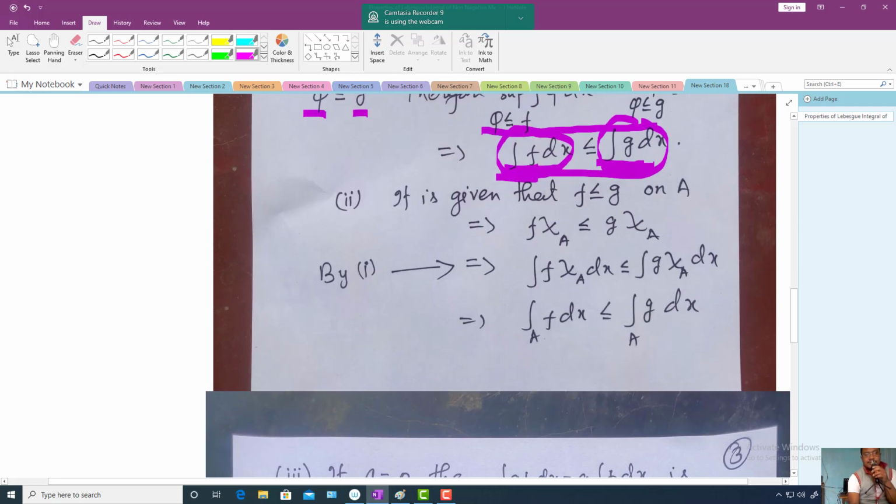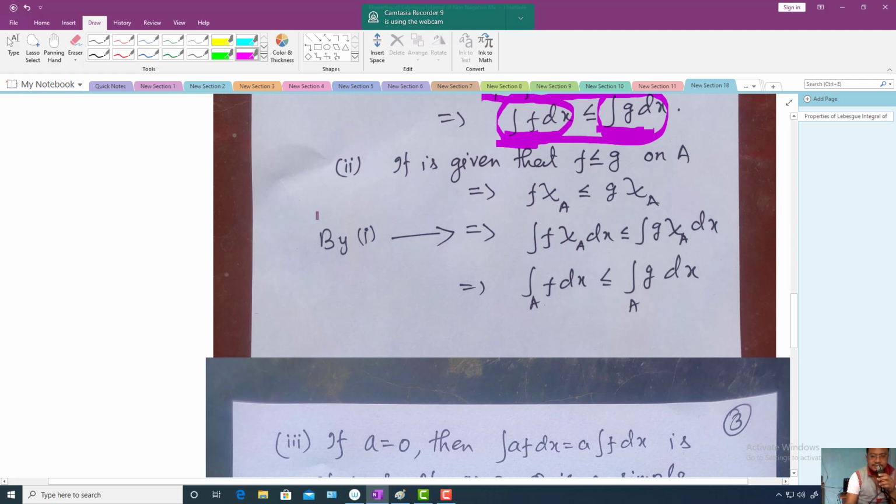Number 2. It is given that f is less than or equal to g on A. On the set A, the function f is less than or equal to g. If you multiply by the characteristic function, which is non-negative, the inequality is maintained.